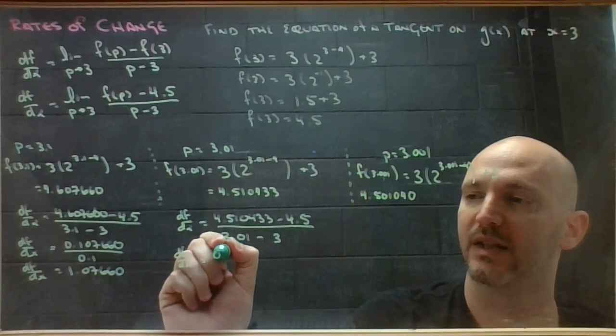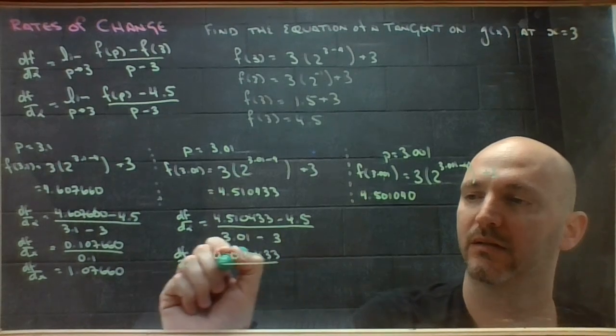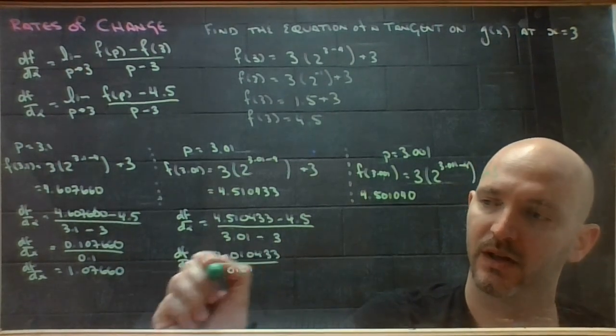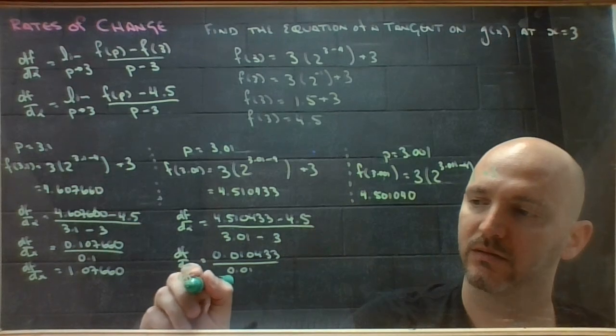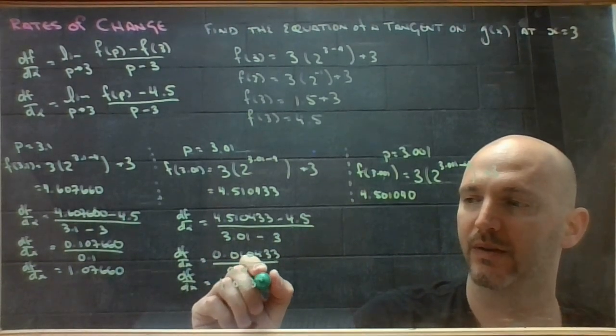It's going to give me 0.010433 over 0.01 for a grand total of 1.0433.